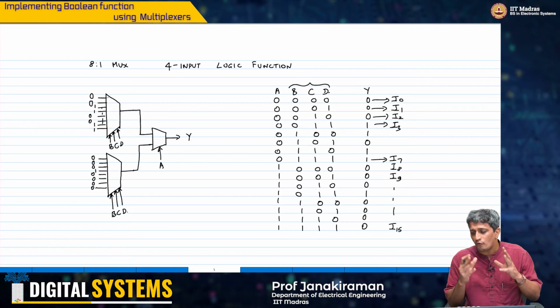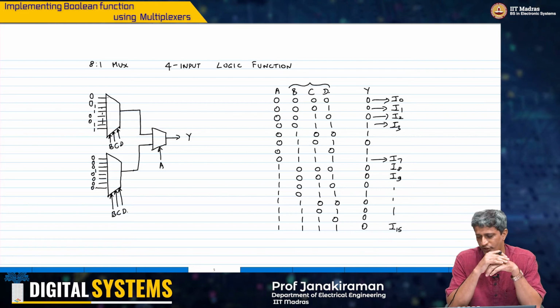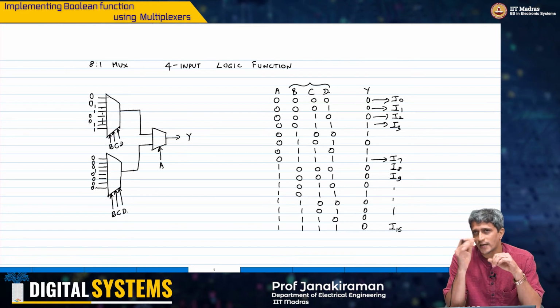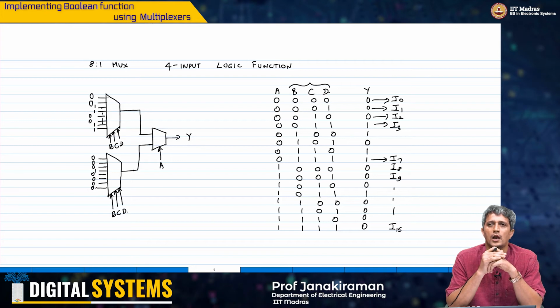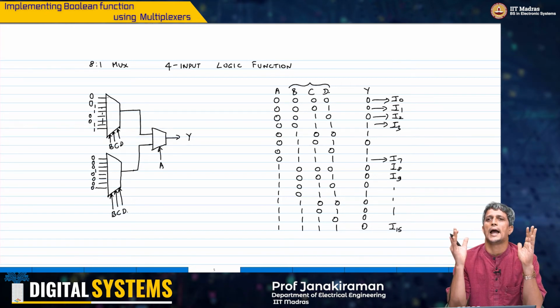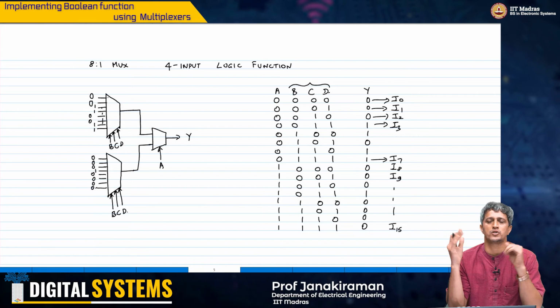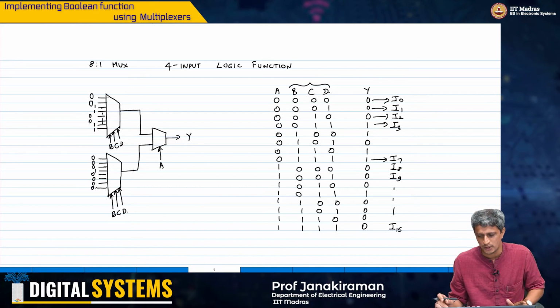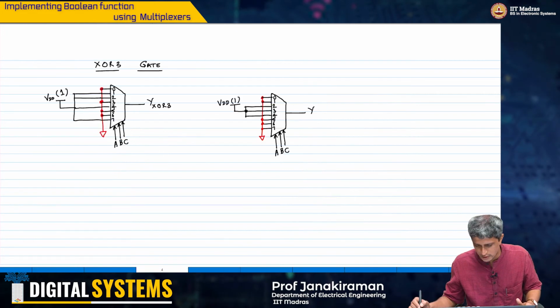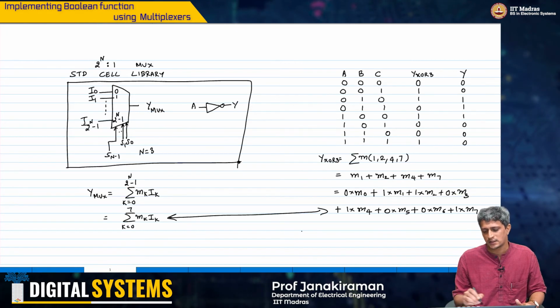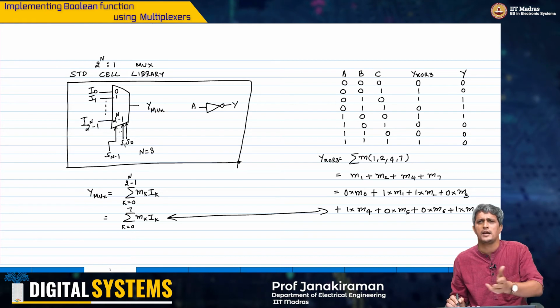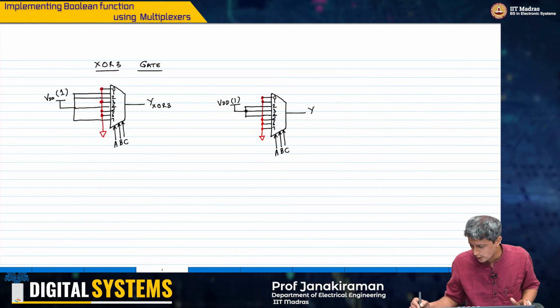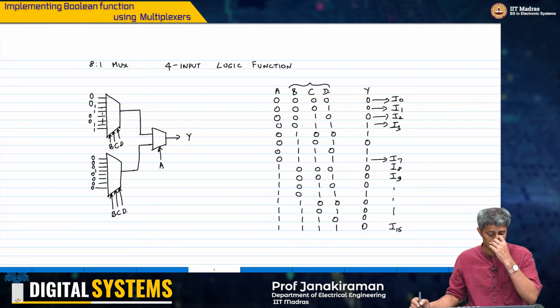Okay, now we have a more interesting question. Okay, suppose I tell you that you are not allowed to use any other 8:1 multiplexer. You're allowed to use only one 8:1 multiplexer, and of course the standard cell logic allows you to use inverters. You can use any number of inverters that you want, right?